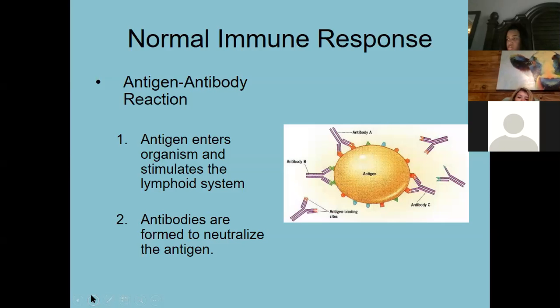It is typically the lymphoid macrophage system that recognizes it, and it triggers your body's call to action. So after your lymphoid system recognizes there's this foreign substance, it builds antibodies to neutralize the antigen.